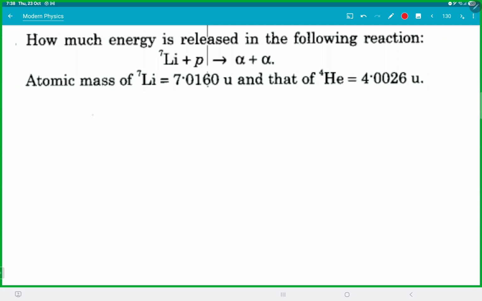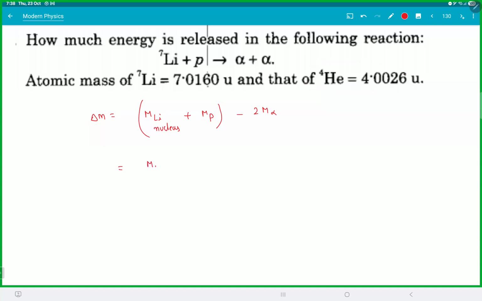So if you see here, for the mass defect, you need the lithium nucleus. So mass of lithium nucleus plus mass of proton minus 2 times mass of alpha particle. But here he didn't give you the alpha particle, he gave you atomic masses of lithium and helium atoms.